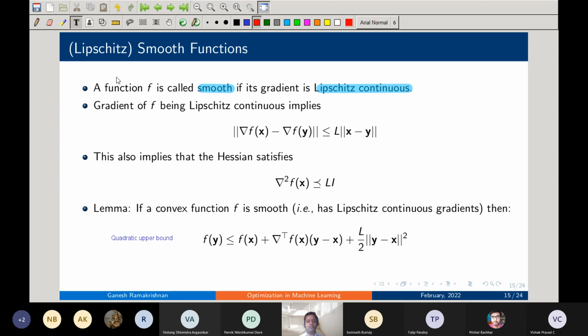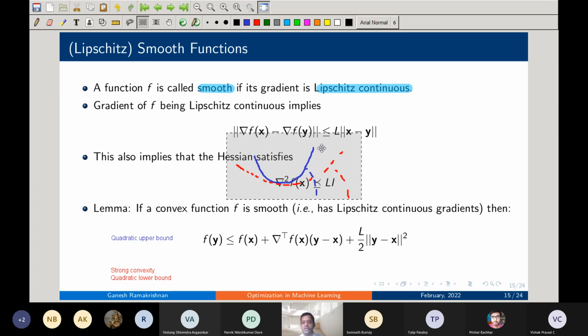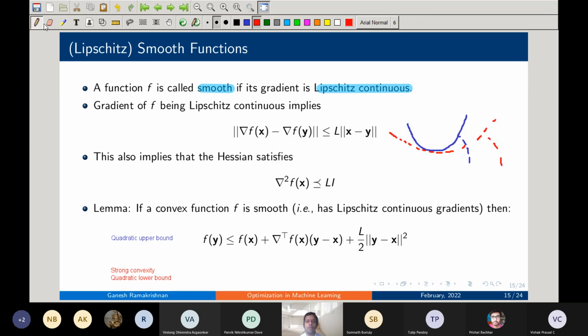Whereas for strong convexity, what did we have? Can anyone recall? What did we have in the case of strong convexity? We had a quadratic lower bound, exactly what we showed in the previous slide, right? This is the same idea. The red curve is a quadratic lower bound, and the blue curve is a quadratic upper bound. Let's just keep this picture in mind.